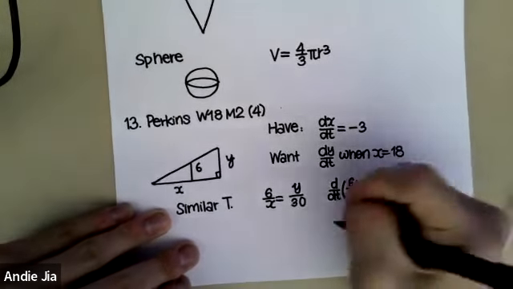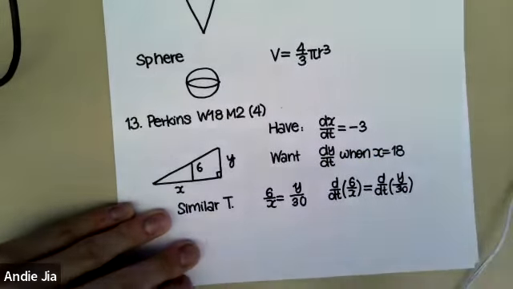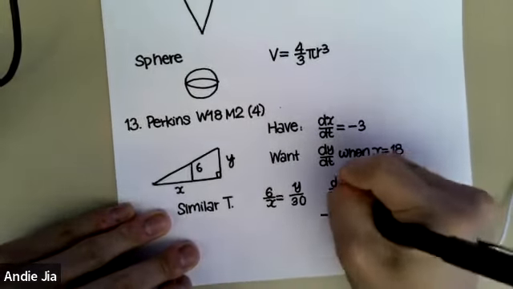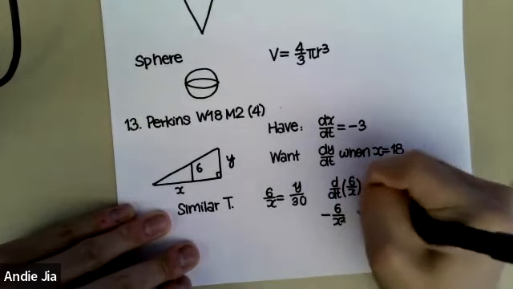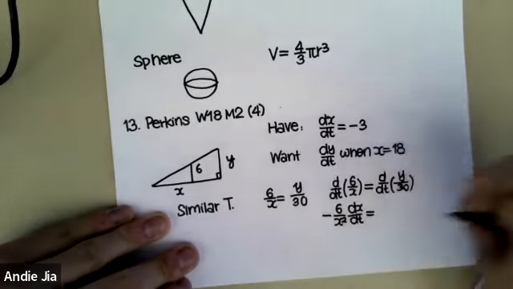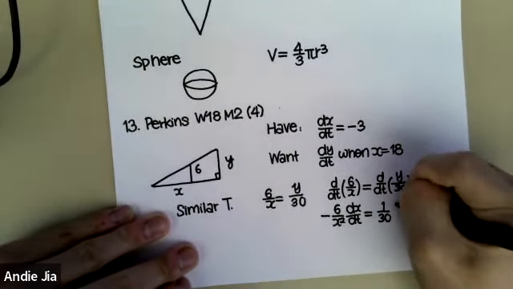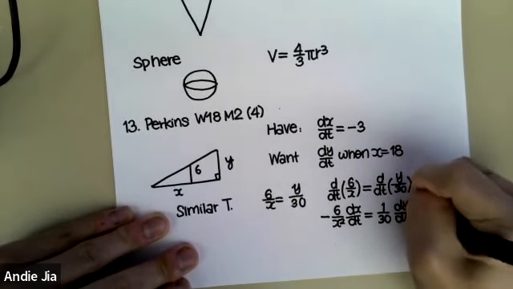And now you take the derivative, and that's going to be negative 6 over x squared dx/dt equals 1 over 30 dy/dt.